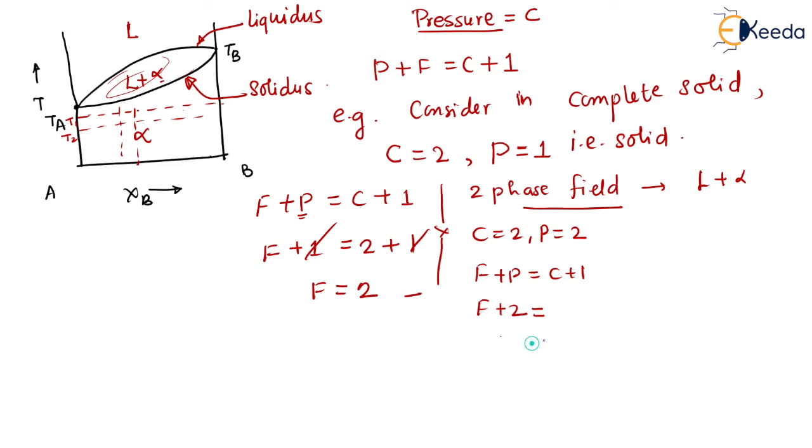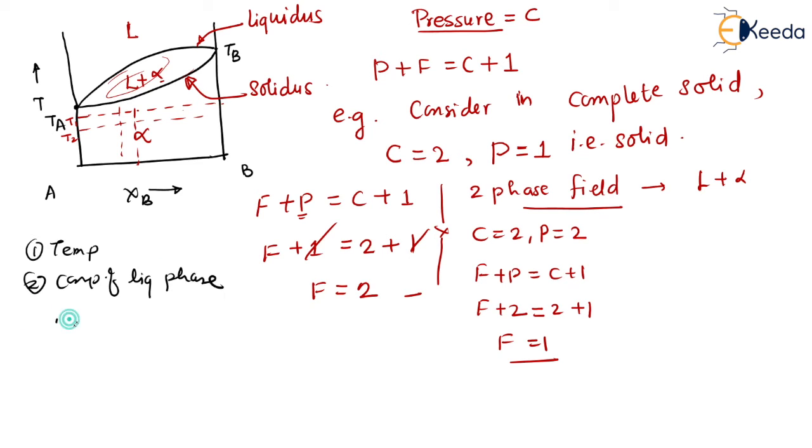So ultimately F will be equal to 1, that is, the degree of freedom is equal to 1. Here we have three variables: one is temperature, then the composition of the liquid phase, and the third one is the composition of the solid phase.